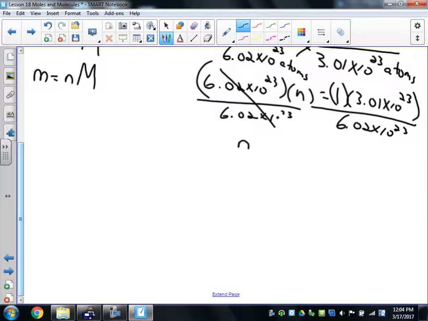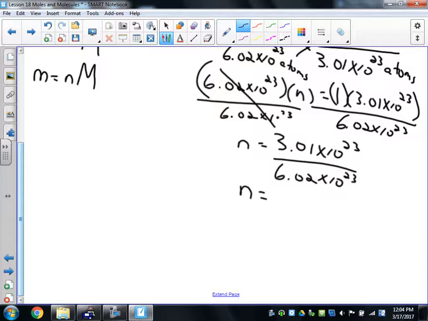So what I need to know is, when I divide this by this, what does n work out to be? Do not forget to write this in properly on the calculator. We talked about this last day. Use brackets, or you have to use the e button.